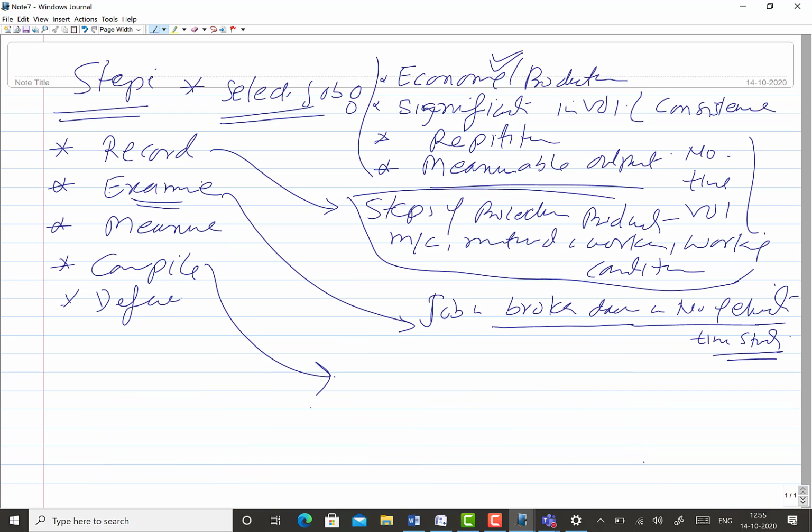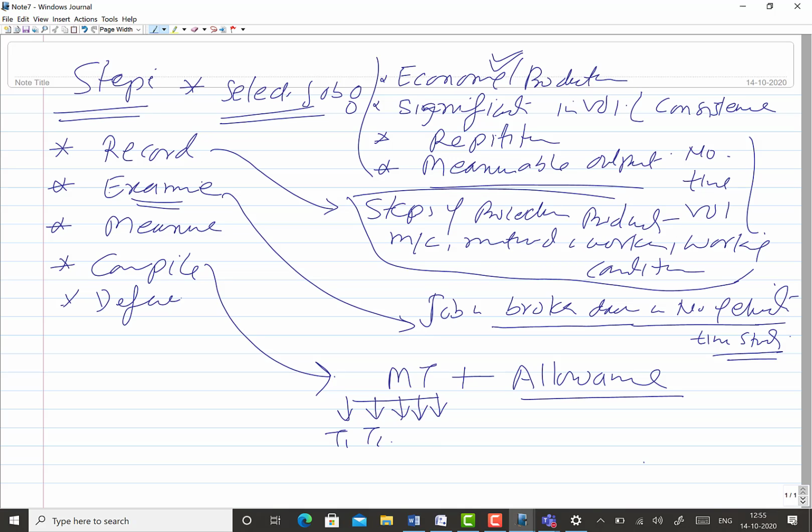Now compile. As I said, compiling involves the time measured using work measurement, using work sampling or time study, plus the allowances. So that is what is compiled. Compilation means the time for the different elements is quantified and that is summed up plus added with the allowances.